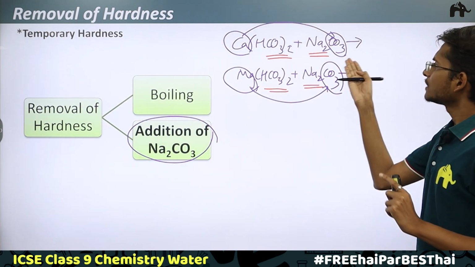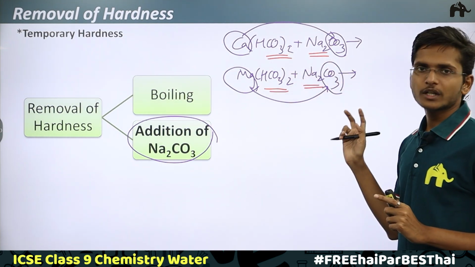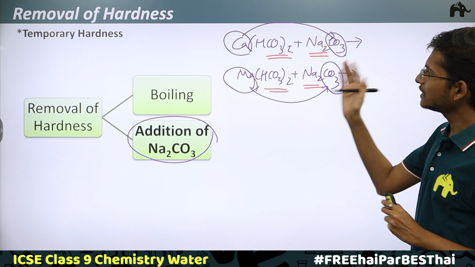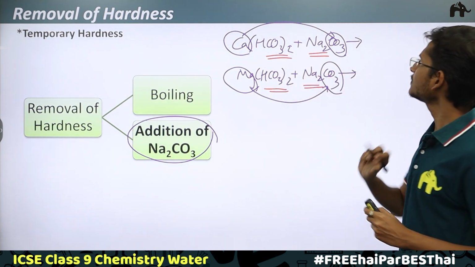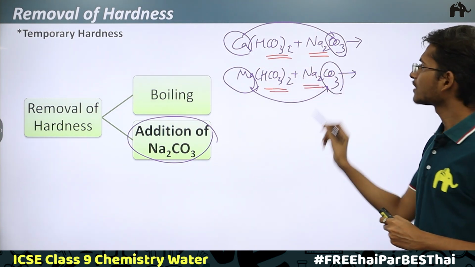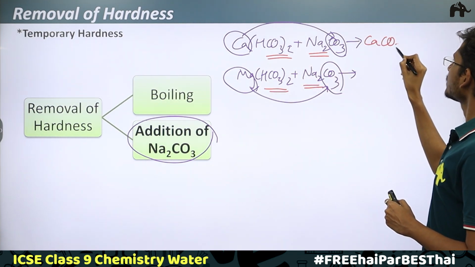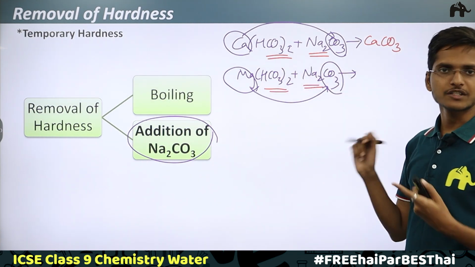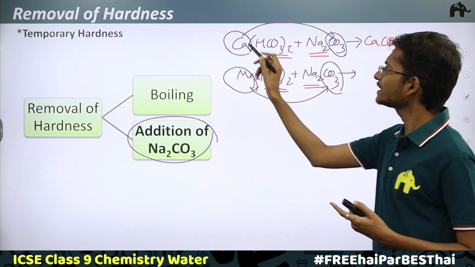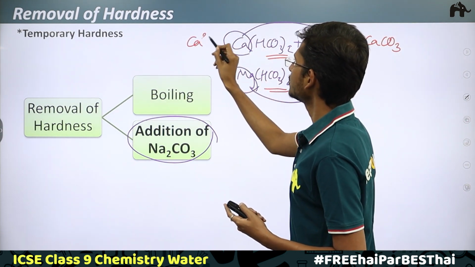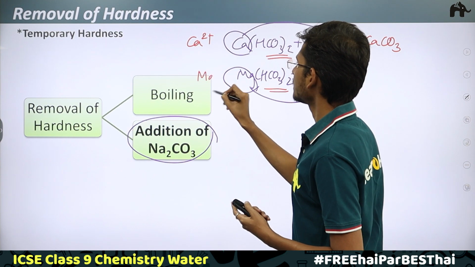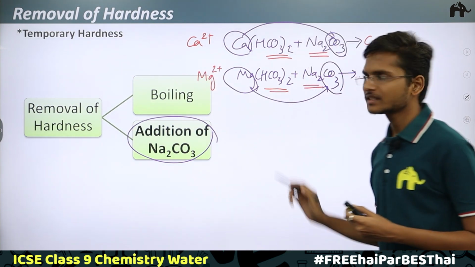So this calcium and carbonate combine and form calcium carbonate. Calcium has a Ca2+ charge, magnesium has an Mg2+ charge in this compound.